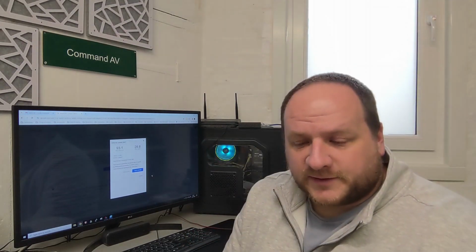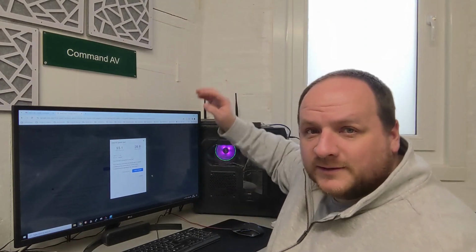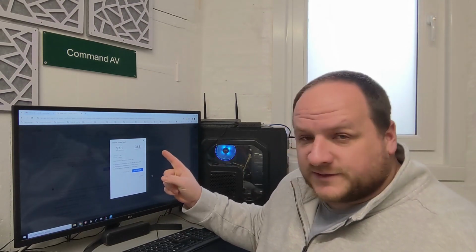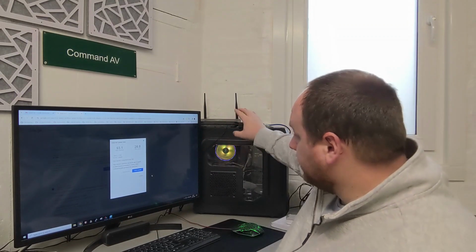I'm not alarmed by this because I know that the incoming speed to the router is in fact exactly what I pay for, as in it is the upload and download speed that I signed up for. My computer is not physically capable of connecting at the speeds that the router is capable of dishing out.